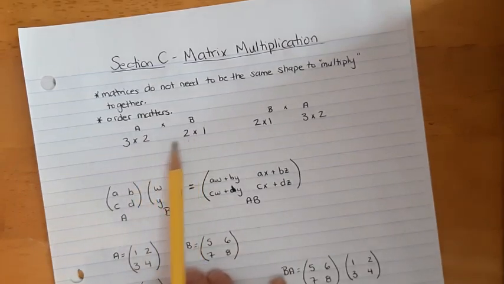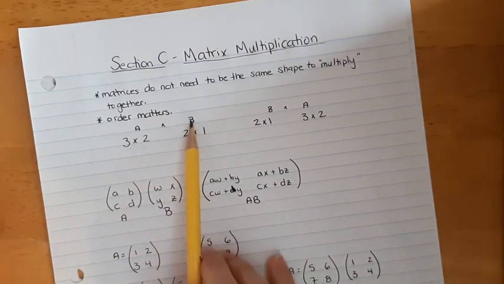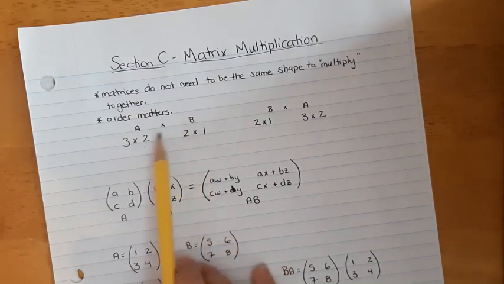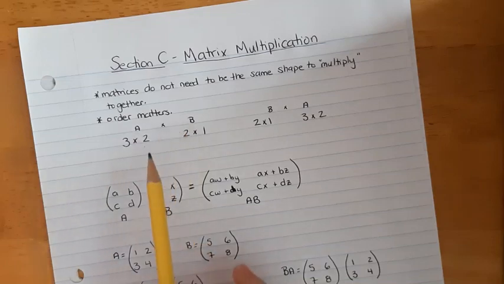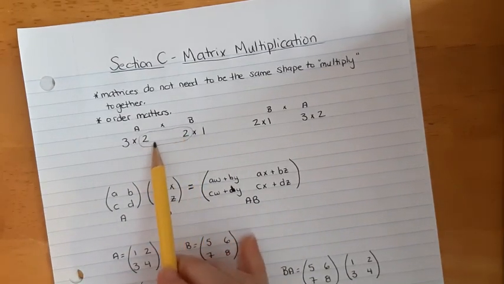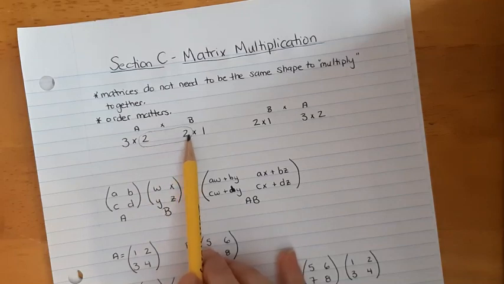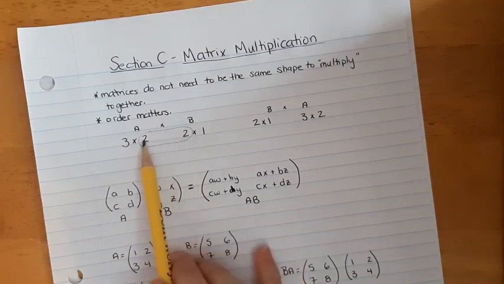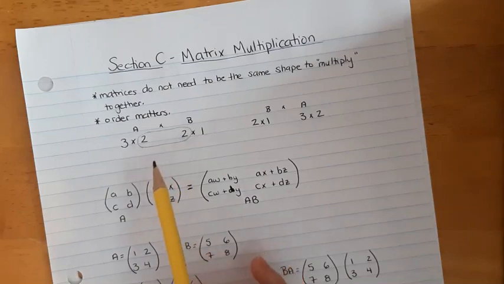So I have a couple of examples here where matrix A is a 3 by 2 matrix, and matrix B is a 2 by 1. If we are going to go A times B, these two numbers on the inside have to be the same. So the number of columns in matrix A must be the same as the number of rows in matrix B. If those numbers are the same, you can go ahead and multiply them.